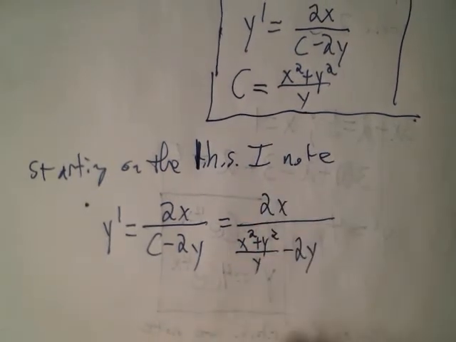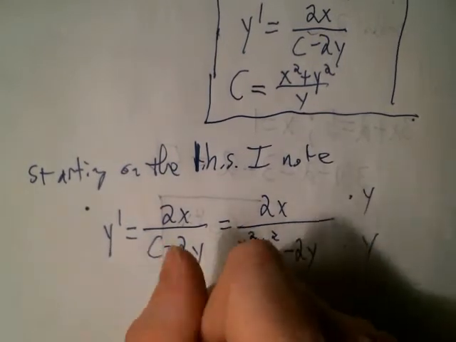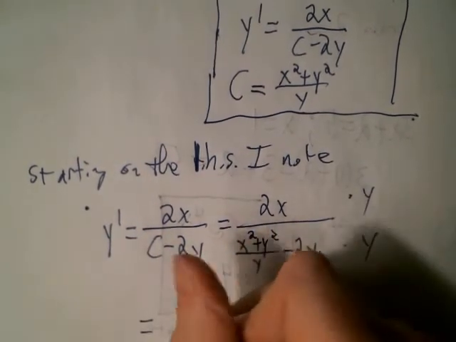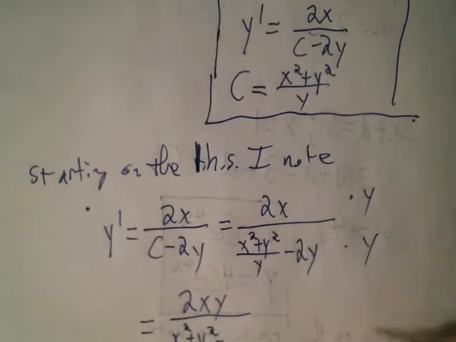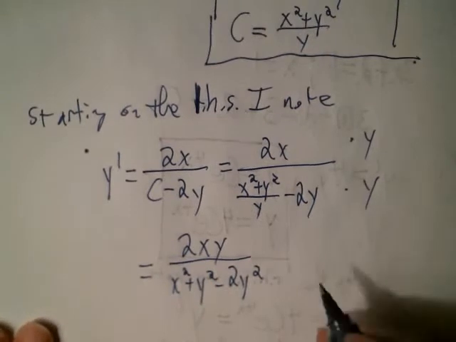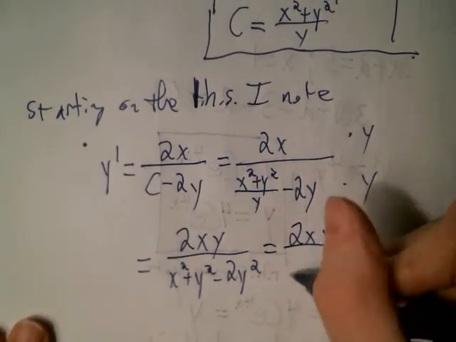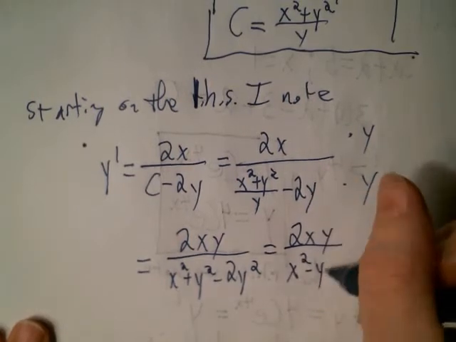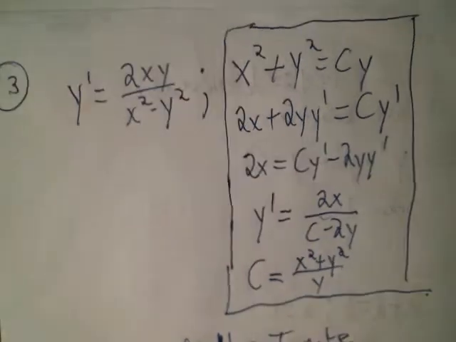You know, multiply both top and bottom by y. You end up with 2xy all over x squared plus y squared minus 2y squared after I distribute this y. And you could simplify this and you get 2xy all over x squared minus y squared, which is the right-hand side, which is what I wanted to show.